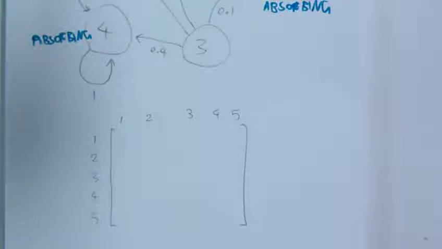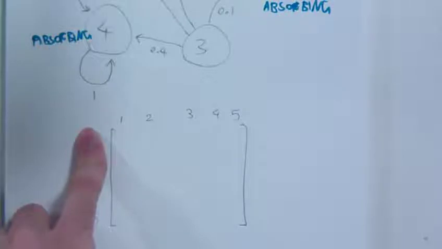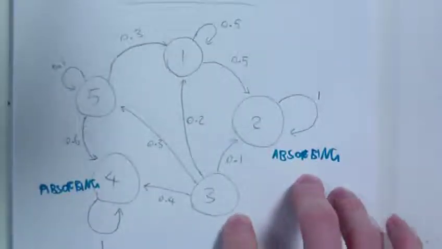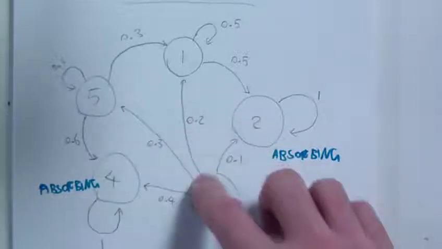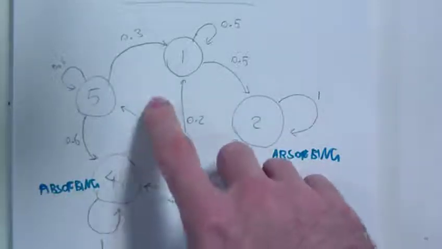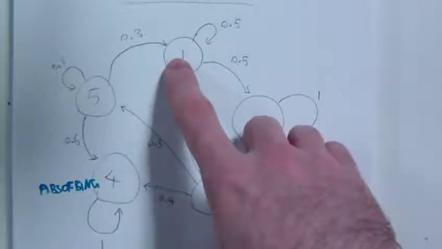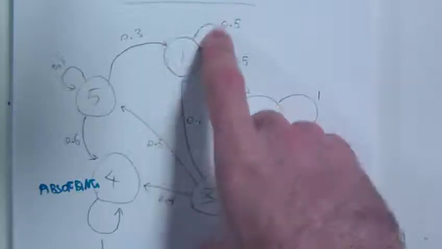So if you stick a row vector here that represents the probabilities of the current case, what's supposed to happen is if you had 20 in each of them, you could figure out how many of them would end up in each of the other spots. So if I had 20 in all of them, afterwards my number 1 would still have 10 from itself.